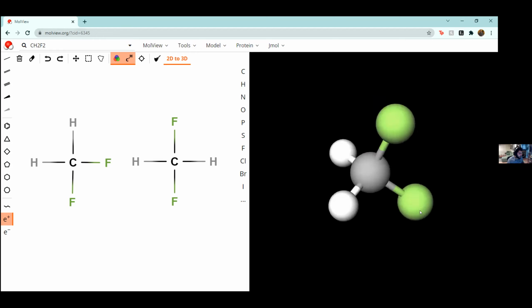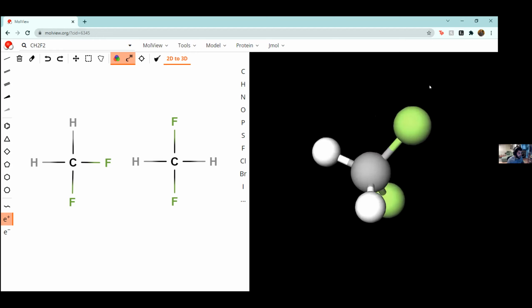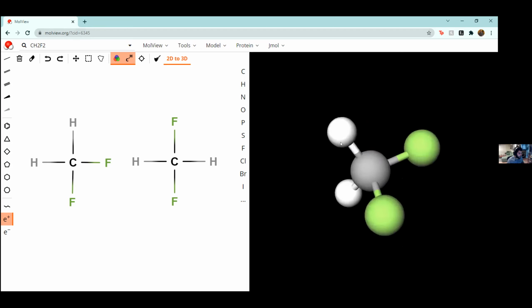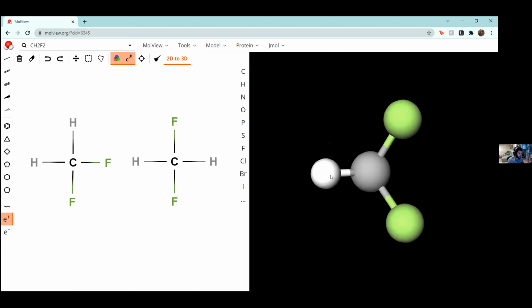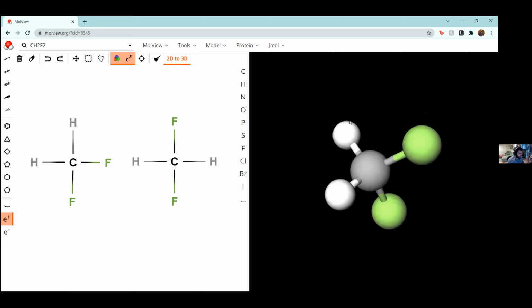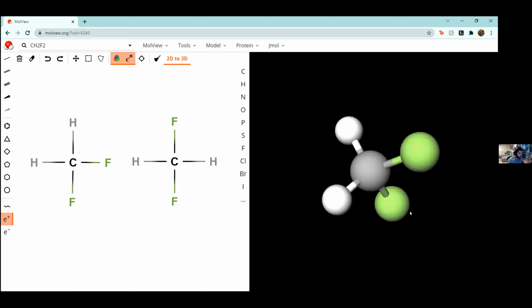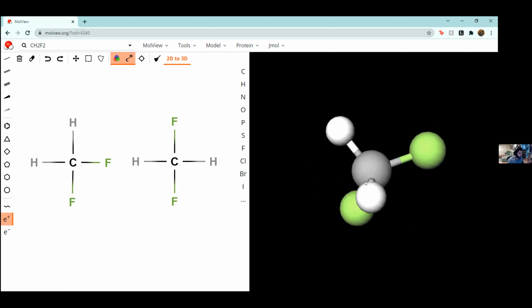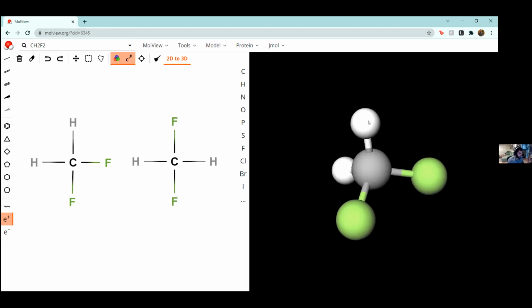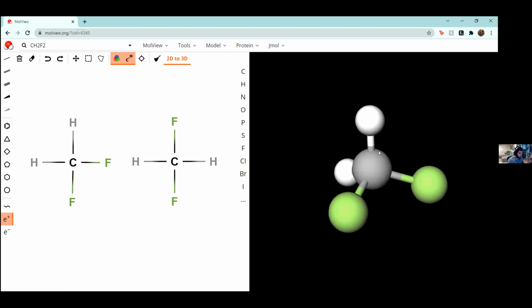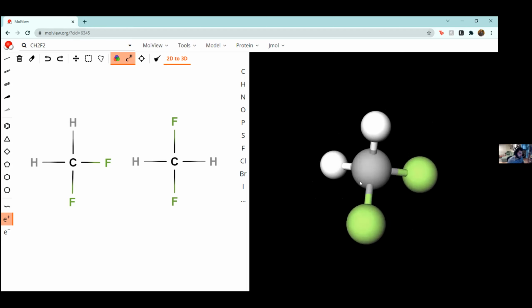If you look at this atom in a different way, we can rotate it, where fluorine is the green one. And if I can rotate this just right, maybe I can't. Almost there. All right, there we go.